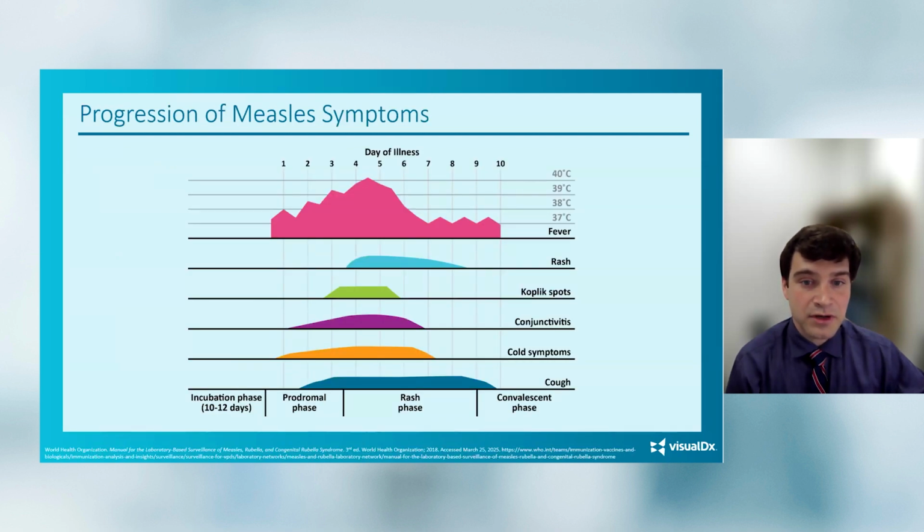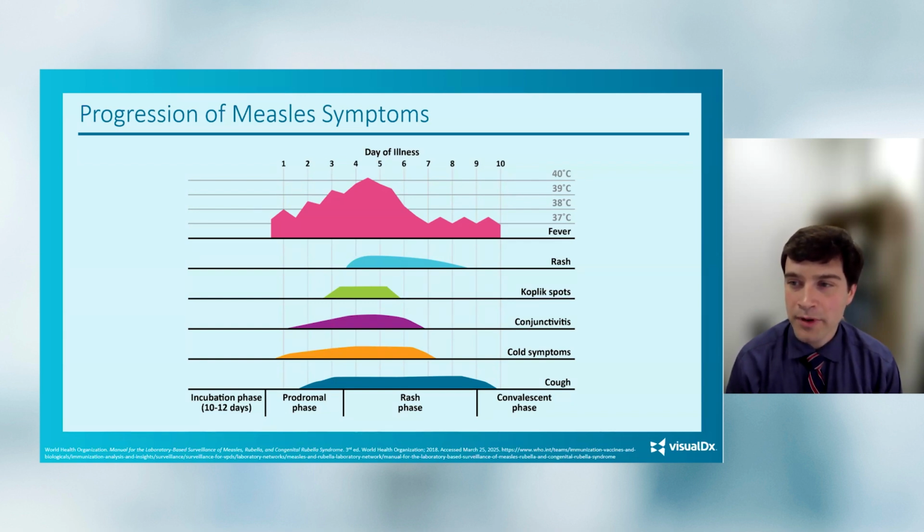The classic progression of symptoms is demonstrated in these charts here. After about a 10-day incubation period, patients will start to develop fever, cough, and cold symptoms like congestion and runny nose. These symptoms will progressively get worse over the next few days, and they'll usually also develop conjunctivitis or red eyes.